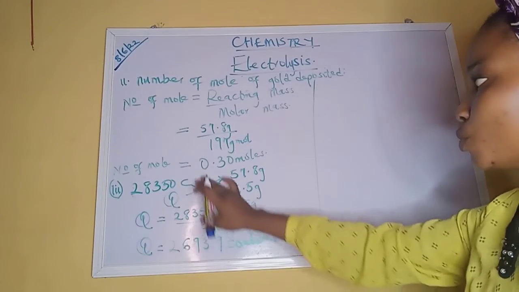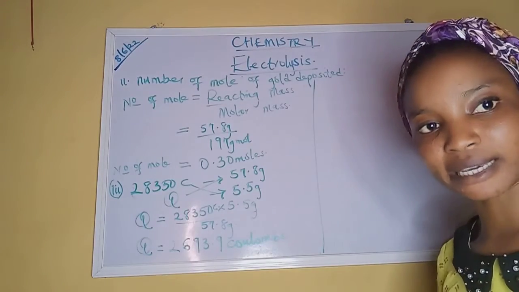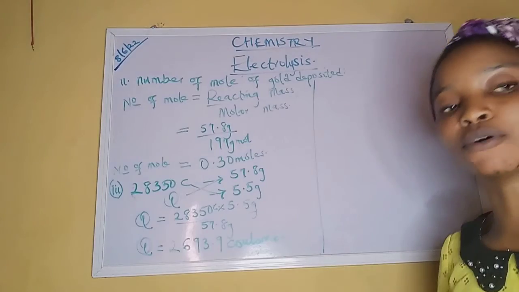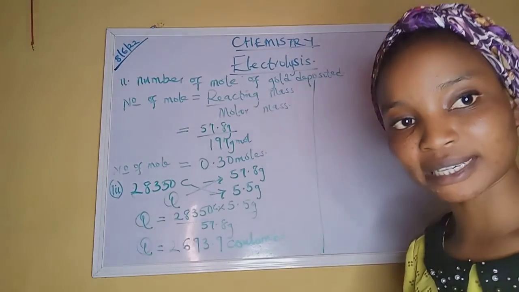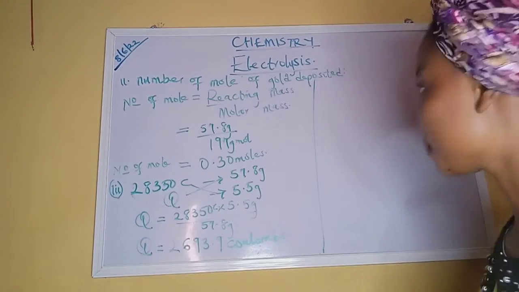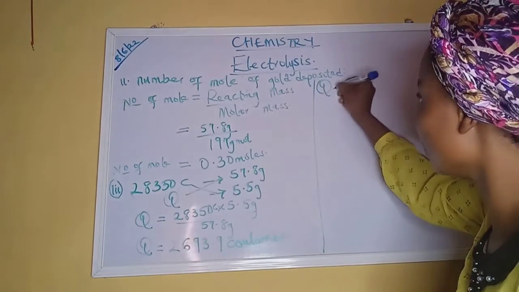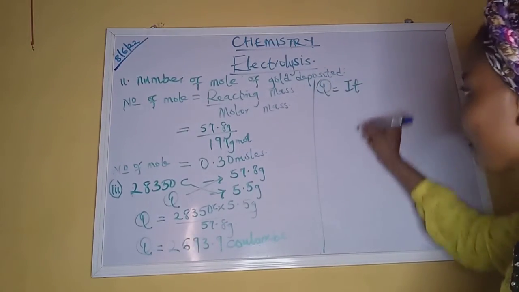The next thing to do is to look out for the time taken for 5.5 grams of gold to be deposited in the electrolysis process. Let's not forget that our Q remains IT.